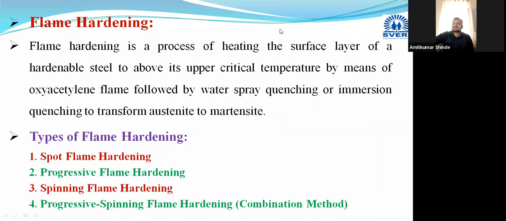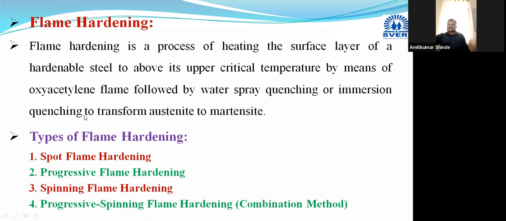Okay, I will repeat it again. Flame hardening is a process of heating the surface layers of hardenable steel to above its upper critical temperature by using the oxyacetylene flame, followed by water spray quenching. The quenching is done in different ways, by spraying or by directly dipping the component into the water.